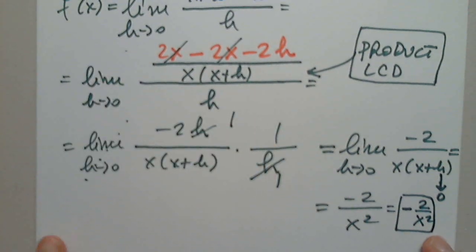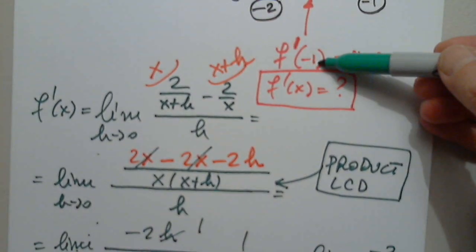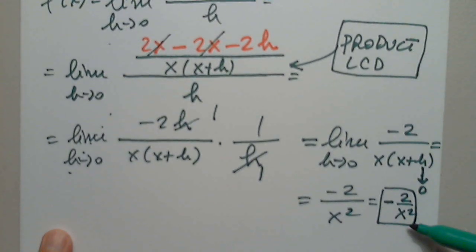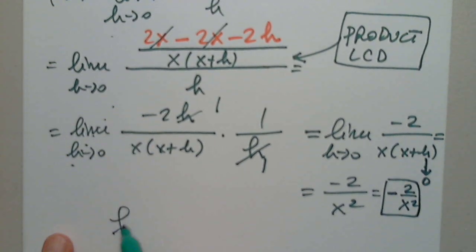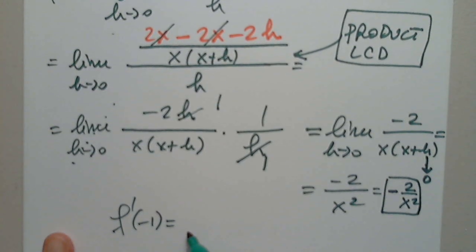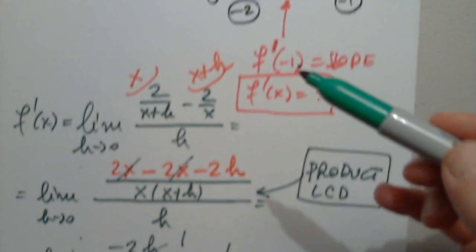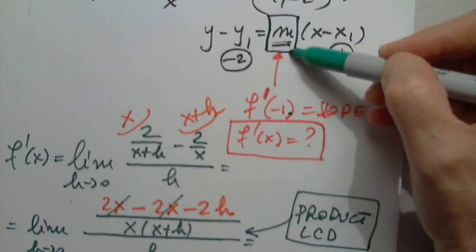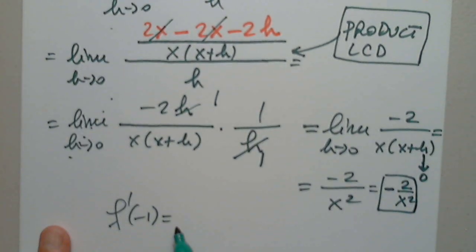I have the derivative. Can you plug in negative 1 in this derivative, please? How much is f prime of negative 1? Just plug in negative 1 and tell me the answer, and then I will put it in here. Negative 2.